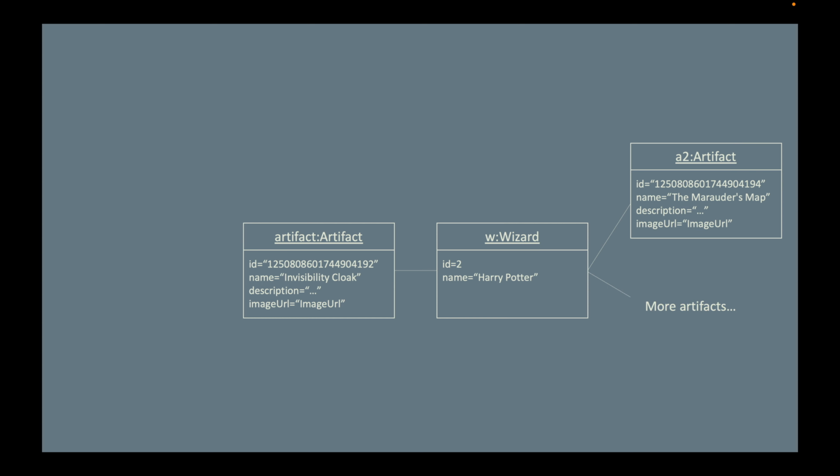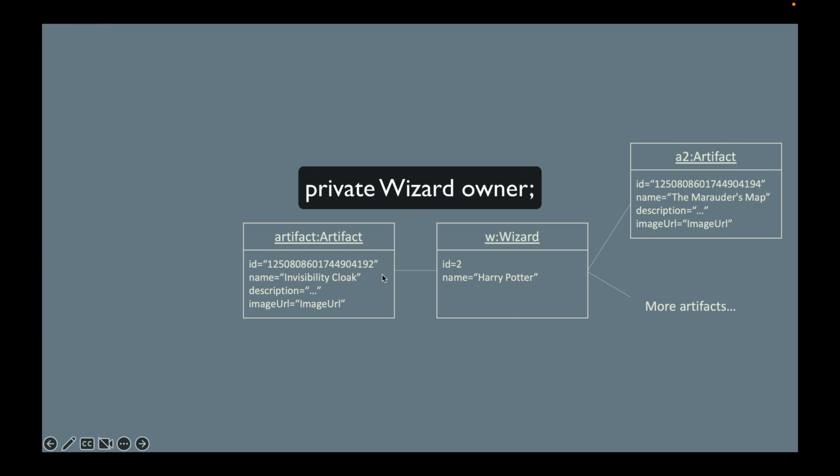That's the problem. When Jackson, which is the JSON library used by Spring Boot, tries to serialize this found artifact into a JSON string, it gets stuck in an infinite loop. Here's what I mean. For ID, name, description, image URL, that's fine. Jackson can serialize them into a JSON string with no problem. And then Jackson finds the field owner and tries to serialize the owner of this artifact.